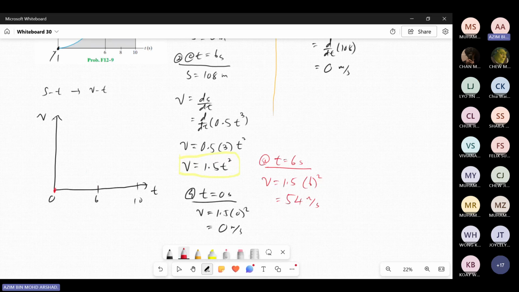So at this point, we have 54 meters per second. And since this is a quadratic function with a smiley face, it looks like this. Let's make it much more obvious. Like this. And then for the second part, v equals 0, so it goes down and goes straight like this.